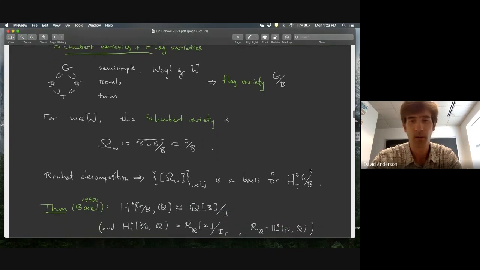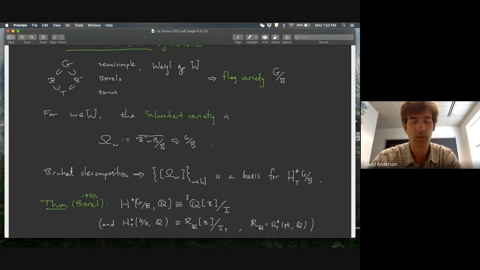Now, Borel in the 1950s proved that you can write down a presentation for this ring, say with Q coefficients, rational coefficients, as a polynomial ring in some number of variables. The number, by the way, is the dimension of the torus, modulo some ideal.